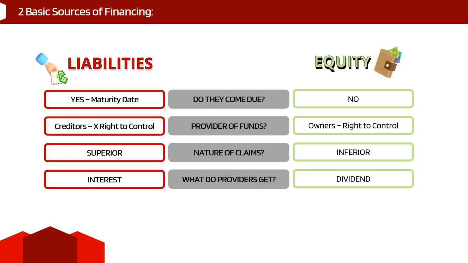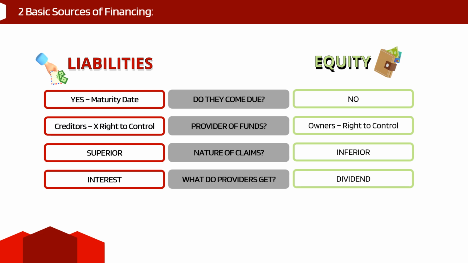Pag isasara mo na yung company, let's say your creditors need or demand 100 pesos from you and your equity provider, your owners, need 100 pesos from you. So paano mo babayaran yung 100, right? Yung 100, ang mas may superior claim nun would be your liabilities or your creditors versus those that have inferior claims, which would be your owners. So ang general idea is, babayaran mo muna yung sa labas bago paghahatian yung mga natira ng mga internal owners.